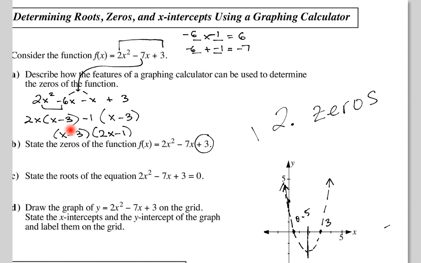Obviously x minus 3 goes with the 3, right? That's obvious. So how does the 0.5 go with this? You'd have to say, how is 2x minus 1 equal to 0? Take the 1 to the other side and then divide by 2. So that's how you get the 0.5.